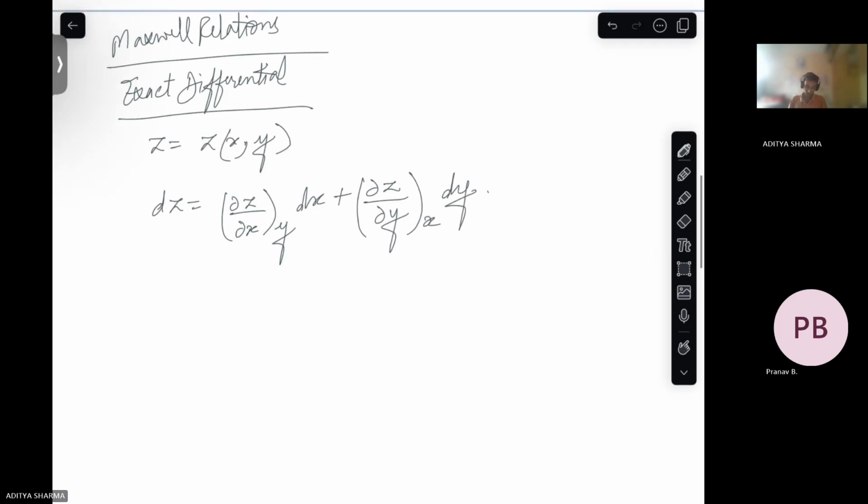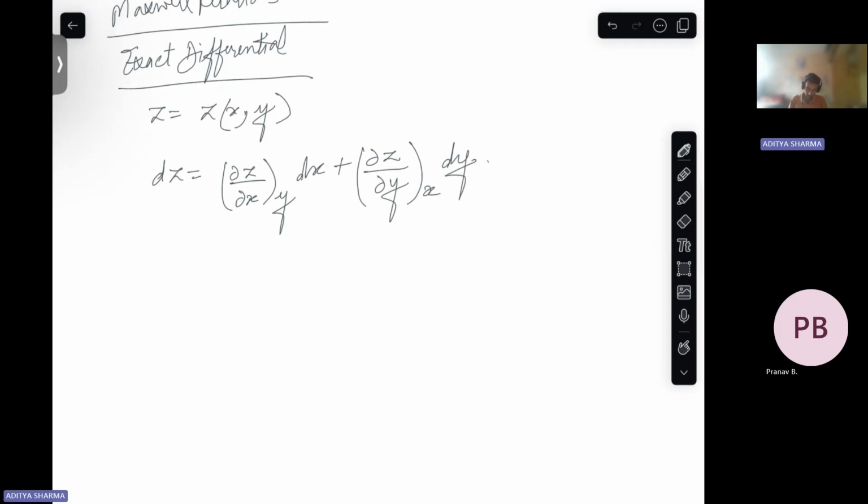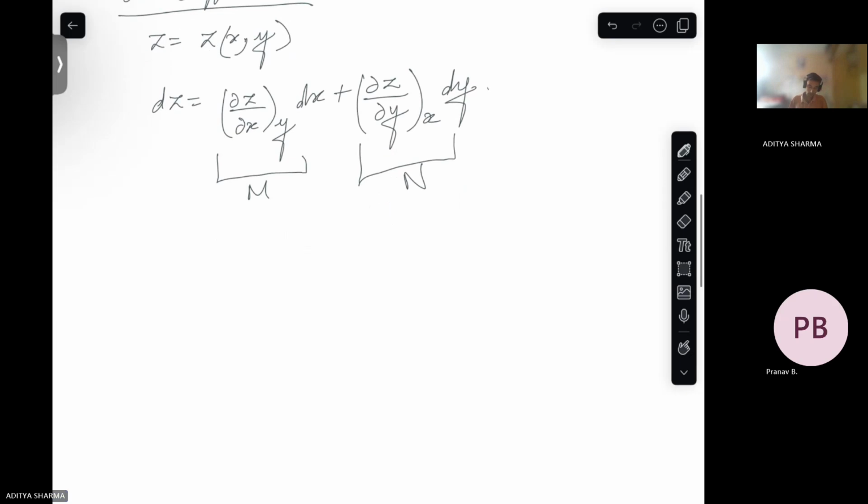Now we will call this M, and this we call N. So there is the property of exact differentials. This specific property we shall be using to derive Maxwell relations.